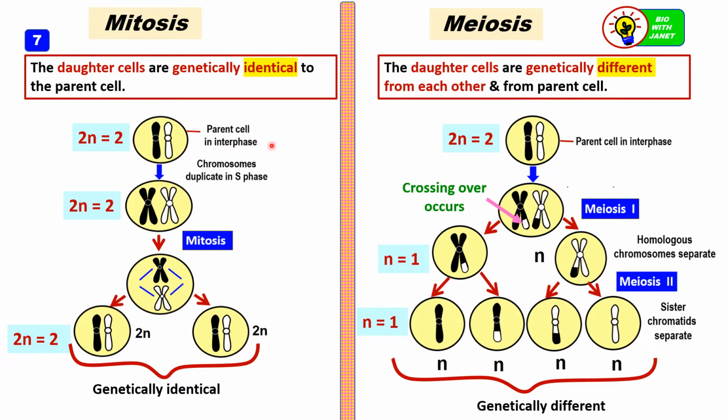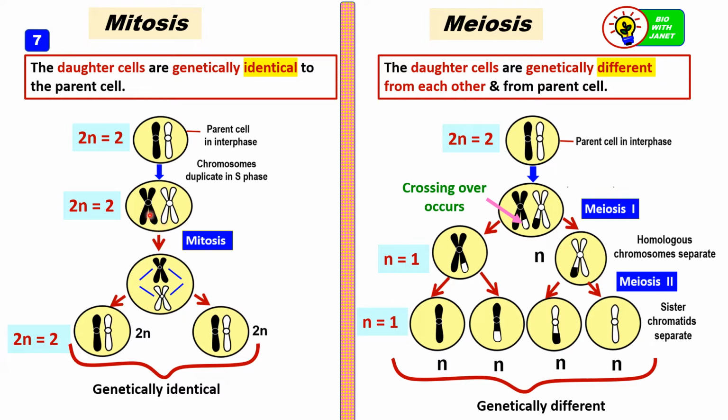If you look at the parent cell in interphase, during the S phase, chromosomes duplicate. So from one strand, the chromosome forms another strand. Now, the original strand of DNA and the strand that is formed, when the DNA replicates, these two strands are genetically identical to each other. All right, 100% identical.